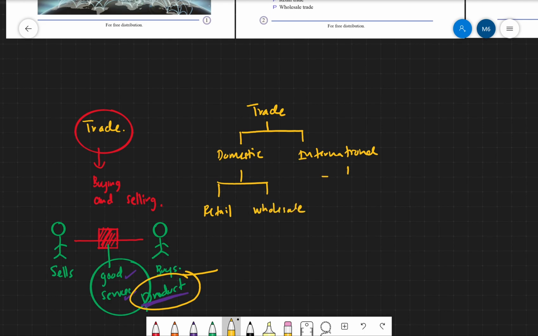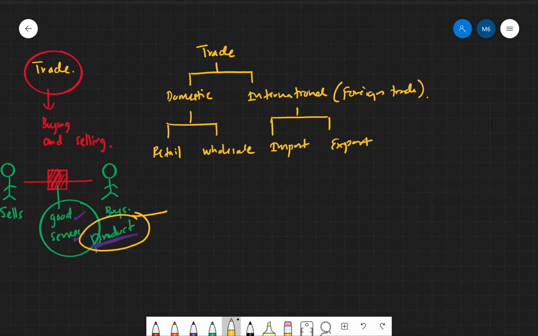International trade, which is also known as foreign trade, is mainly classified into import and export. There are another two categories, import and re-export, but in the grade 11 syllabus we only focus on import and export. So let us talk one by one.